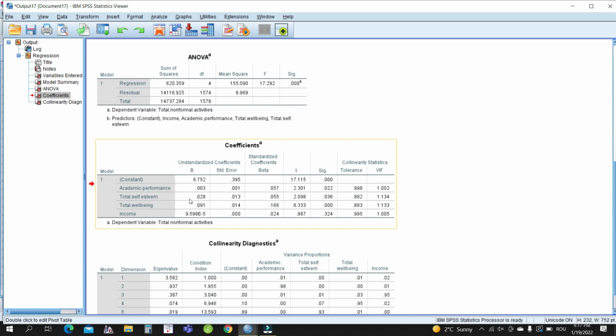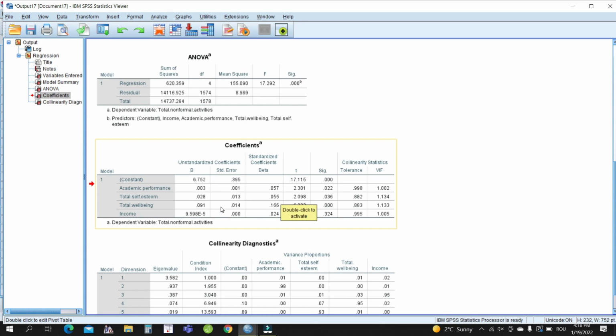When the self-esteem increases with 1 unit and controlling for the other predictors, the involvement in non-formal activities with colleagues increases with 0.028 units, and when it increases with 1 standard deviation, the criterion increases with 0.055 standard deviations.